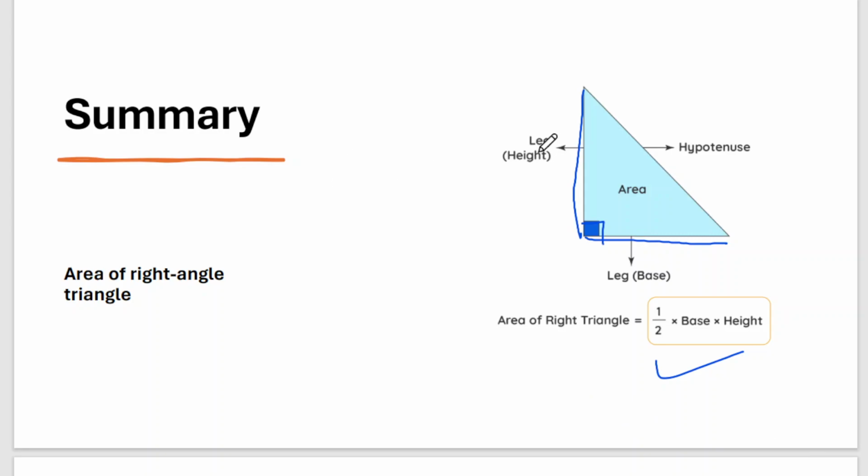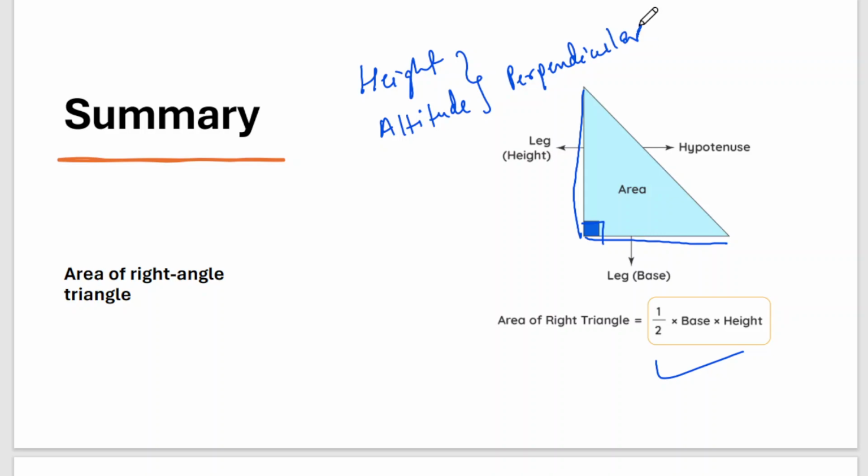Always remember about the height, or you can say altitude, these are perpendicular to the base. Okay.